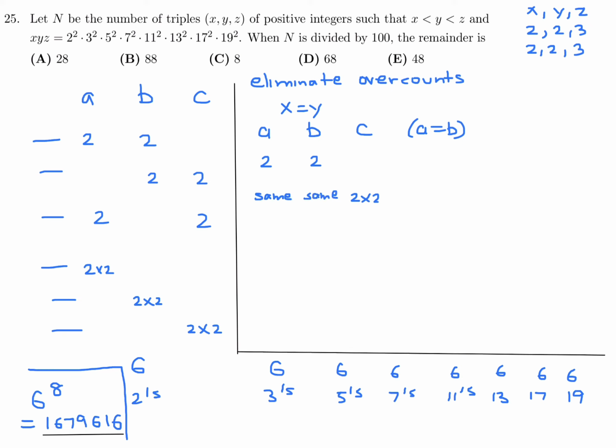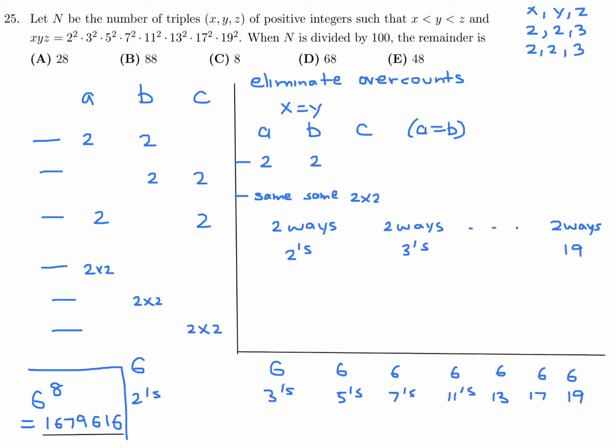So these are 2 ways of arranging the 2's, as you can see, 1 way and 2 ways. So 2 ways for the 2's to make A equal to B, correct? And in a very similar way, you'd get 2 ways to arrange the 3's, and so on, 2 ways to arrange all the primes until 19.